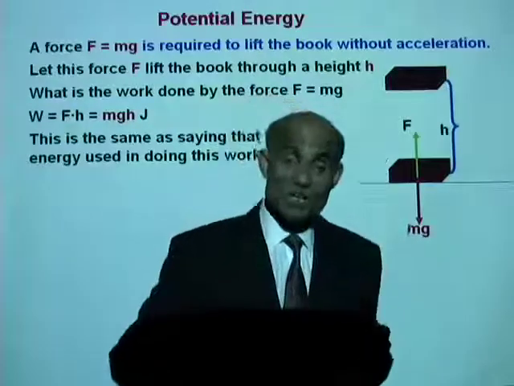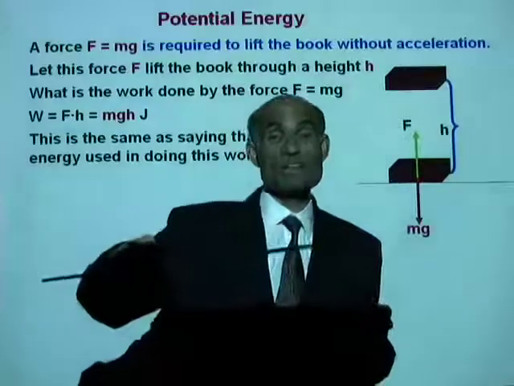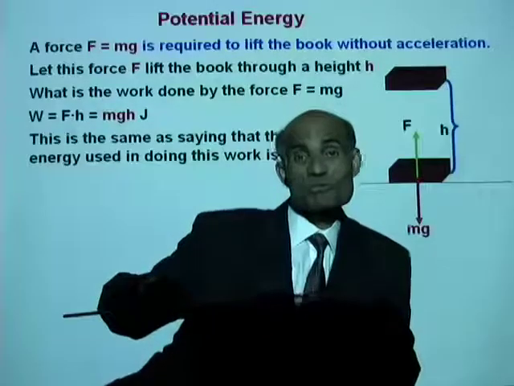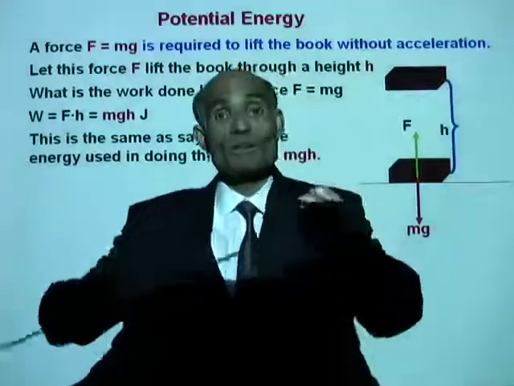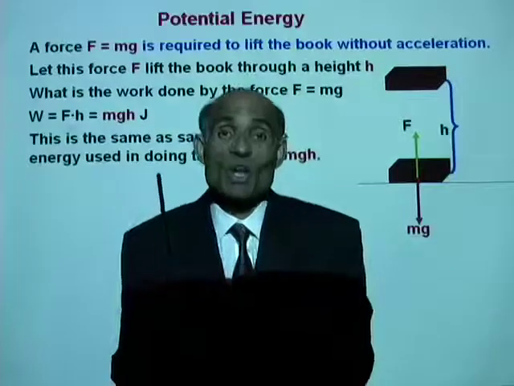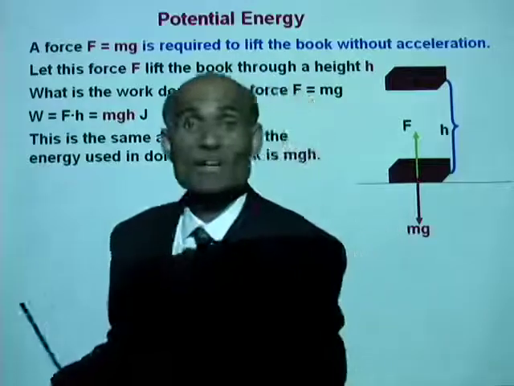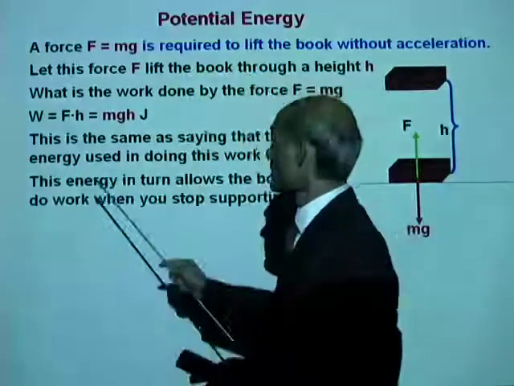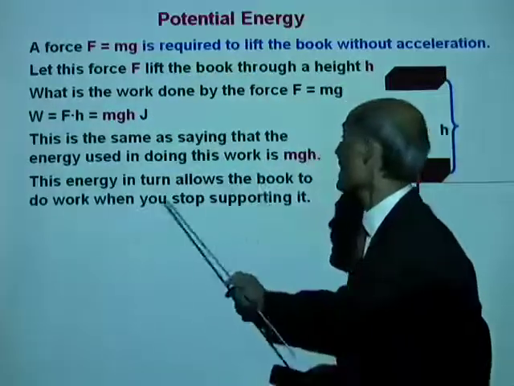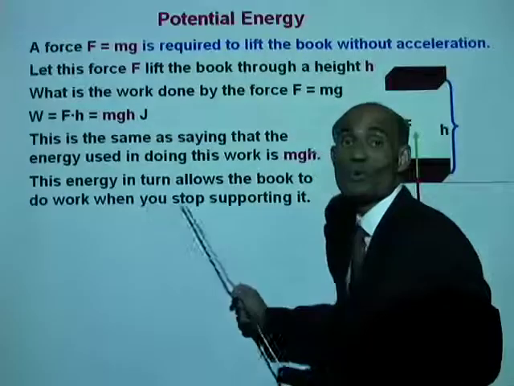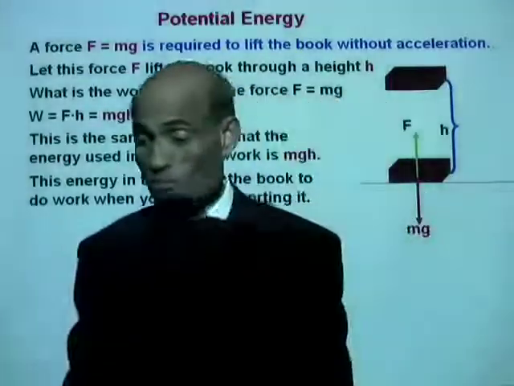If I suddenly want to jump onto that table, I have to do a tremendous amount of work. That means a lot of energy is going to be spent on that particular activity. The energy in turn allows the book to do work when you stop supporting it.